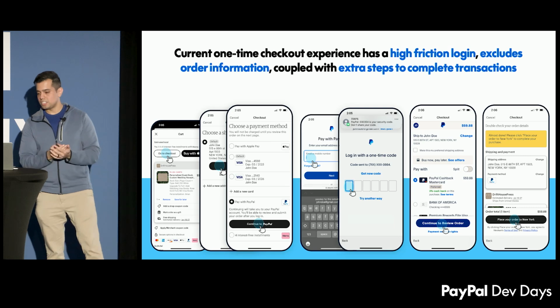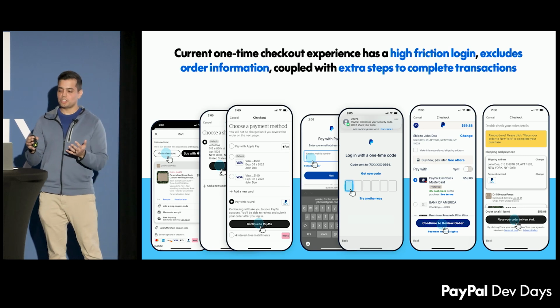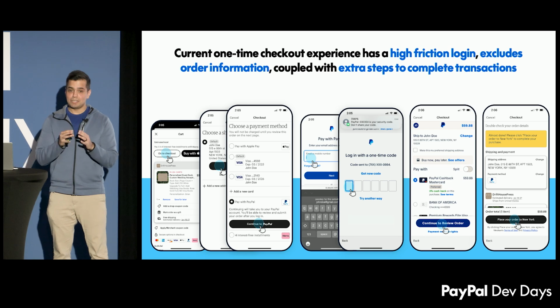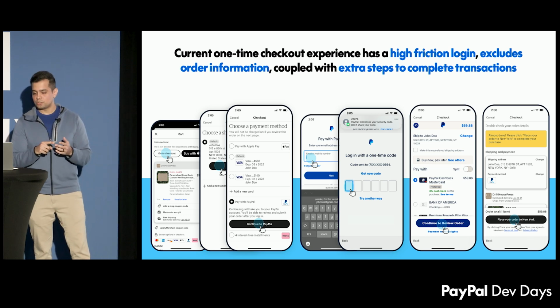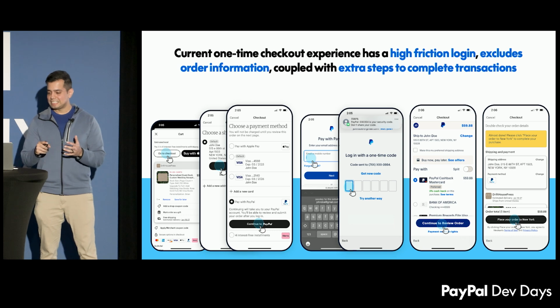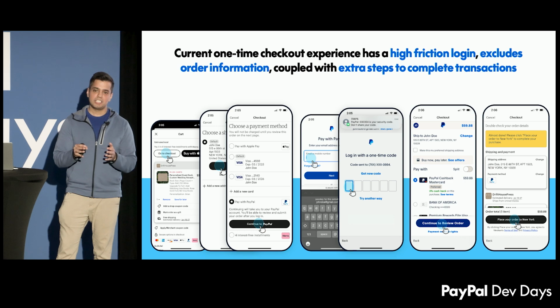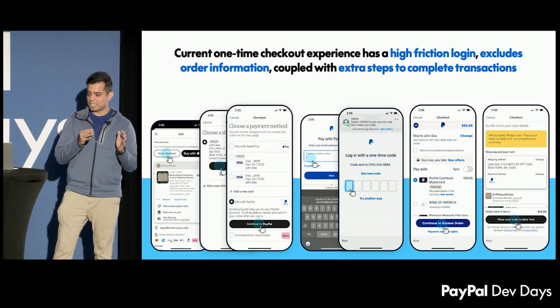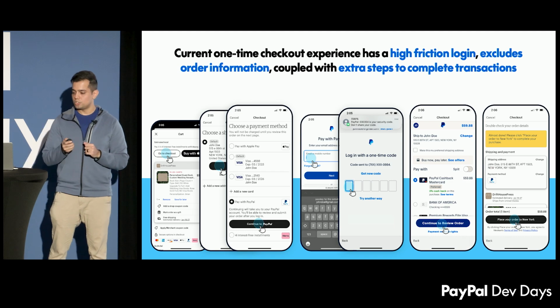This is obviously completely friction-filled: high-friction login, no order information on the PayPal checkout page, and many extraneous steps. So if you count it with me here, I'm counting 1, 2, 3, 4, 5, 6, 7 clicks, and that's only after the user has decided what they want to buy. And so we've been hard at work at solving every part of this problem, and that's what I'll be talking to you about today.